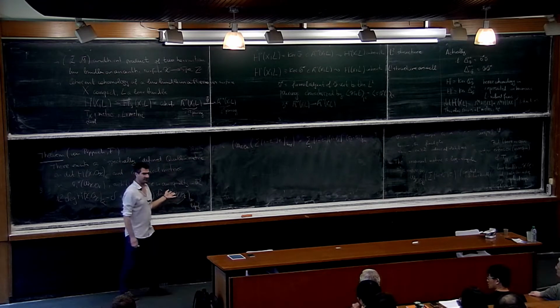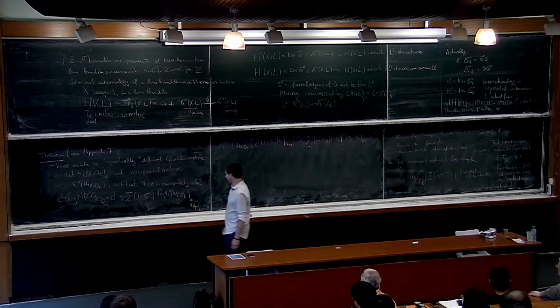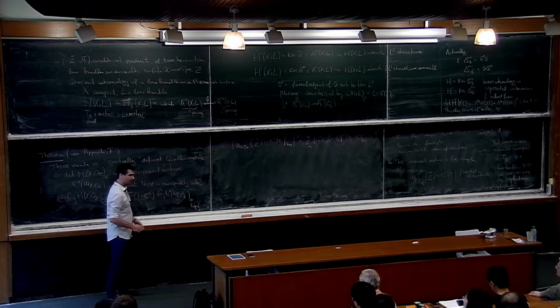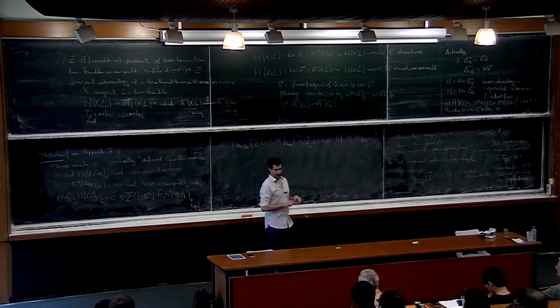If you are in situations like PSL2(Z), which Anna will review this afternoon, the problematic points are the cusp and the elliptic fixed points, so the typical ones, the square root of -1 and the third root of unity.